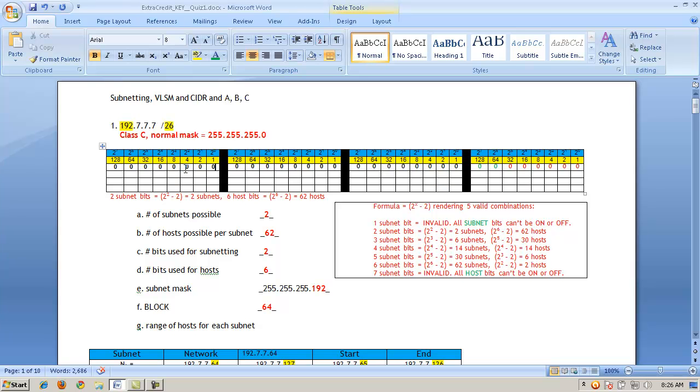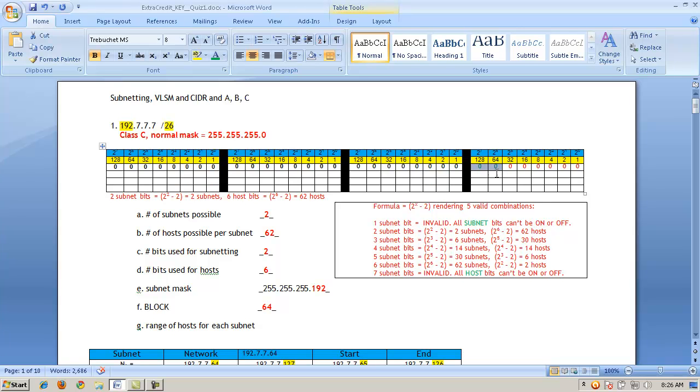In this first example, the normal CIDR 24, that 255.255.255, is in black here. All those bits are in black, so all that would be the network address. That's CIDR 24, so CIDR 26 is 2 more bits. That's how we know what we're subnetting with, those 2 bits.